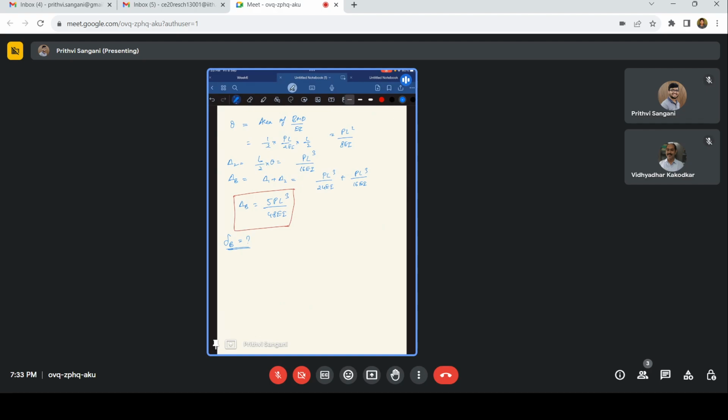Again we use the unit load method, applying the same load of 1 kilonewton. I think we can use the same diagram, 1 kilonewton and 9 kilonewton meter. This is pretty straightforward.